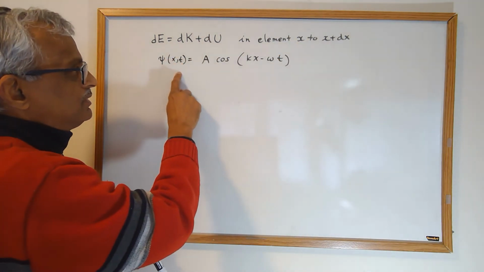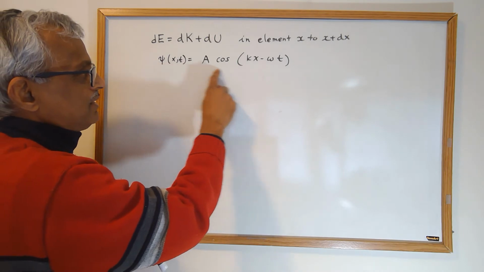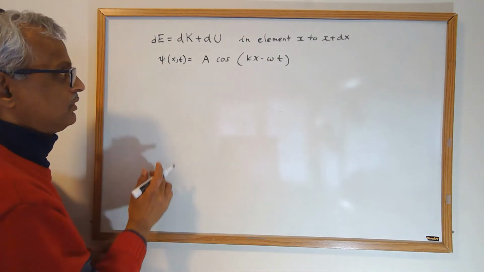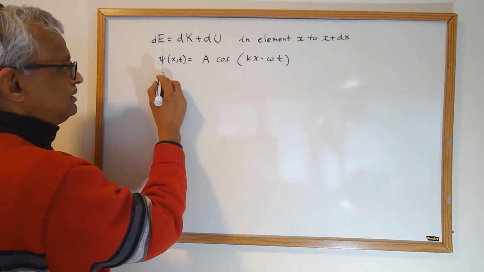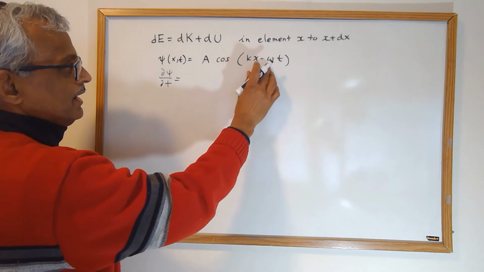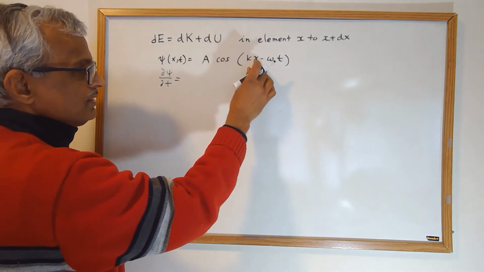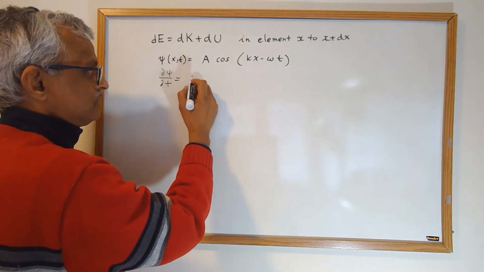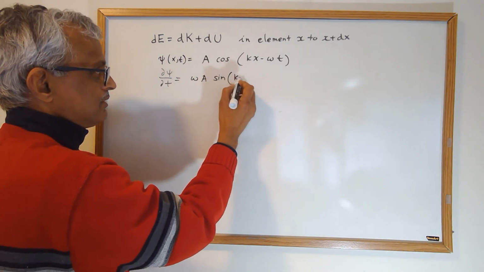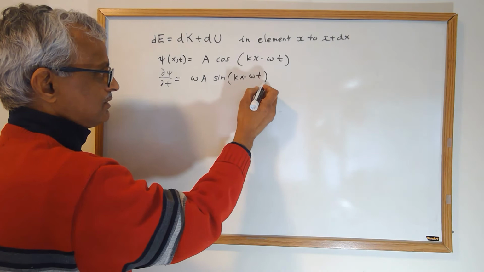And the wave, we're looking at a harmonic wave, and we've set the phase constant to 0. So if I look at d psi dt of this, I'll get cosine going to sine, and then a minus will come out here. So it's going to be omega a sine kx minus omega t.